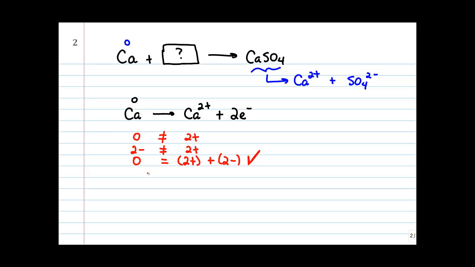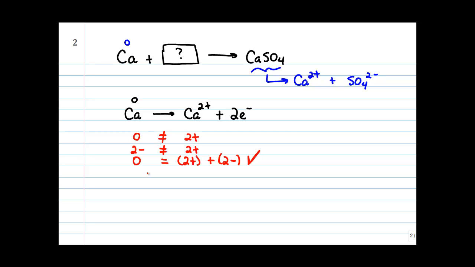And so what this is telling you, and it's telling me, is that calcium 0 here had to lose 2 electrons to become calcium 2+. Again, this should make sense, because if something that has an equal number of electrons and protons gives up 2 electrons, then it is left with 2 extra protons.